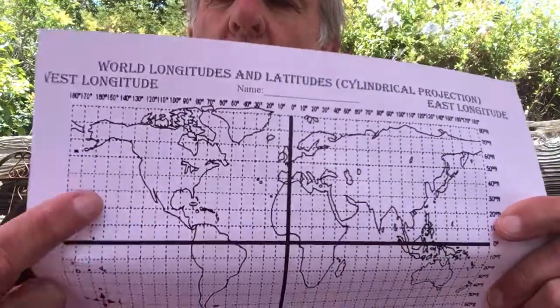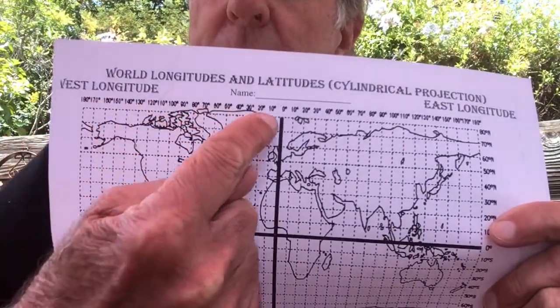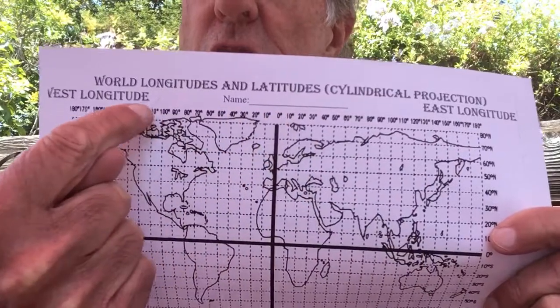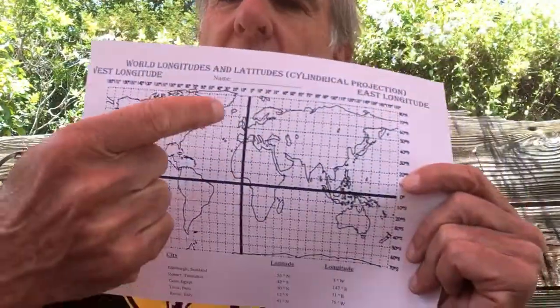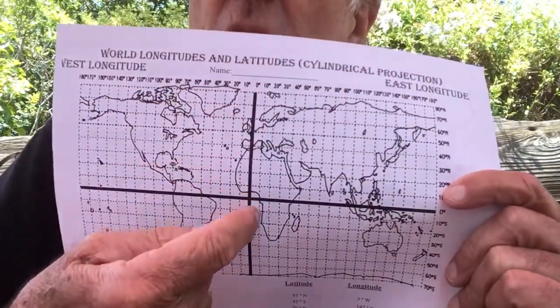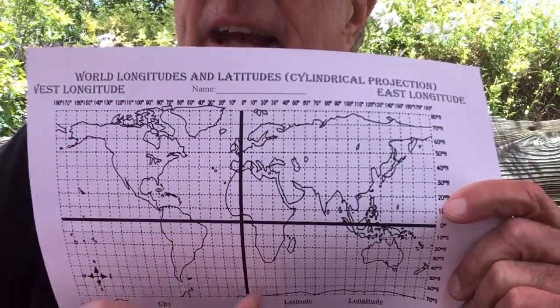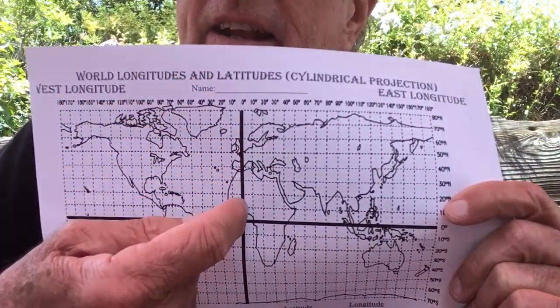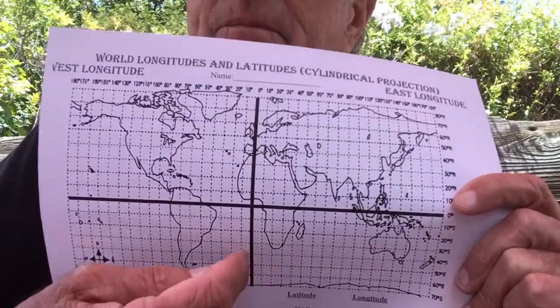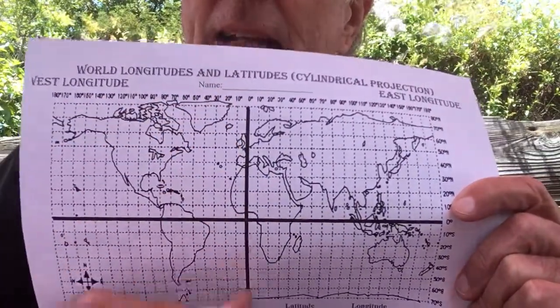Okay, so everything across the top will be the longitudes, and longitudes measure east and west of a certain point, and that's this line here called the prime meridian. It's 0 degrees, and it cuts right through England and France and Central Africa, and that's about it.